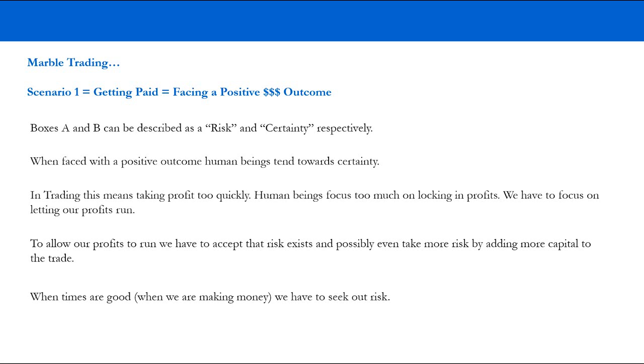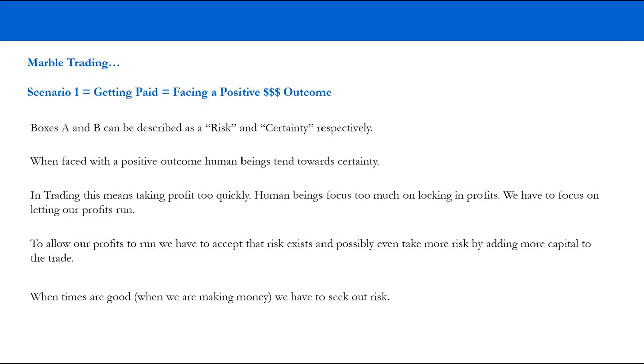The risk-adjusted return on box B is just a 100% chance of making £700. Now, because the numbers are close together, it's not so obvious when you first look at it. But the principles apply.